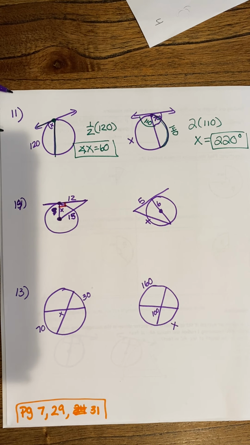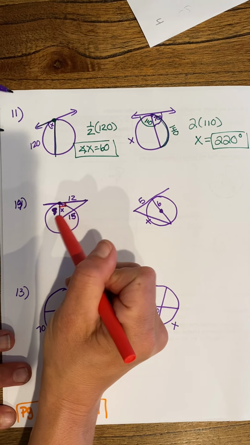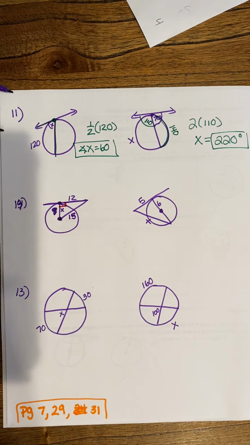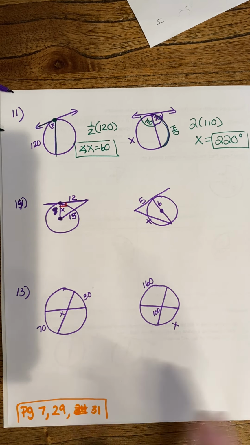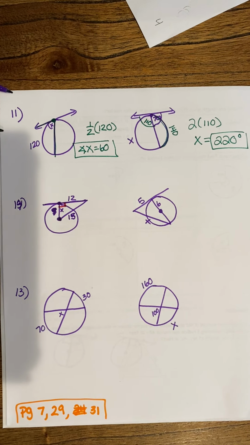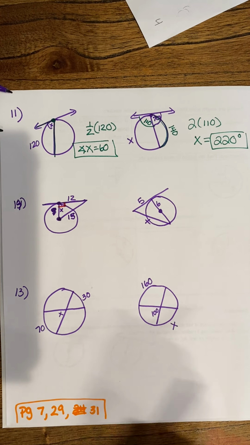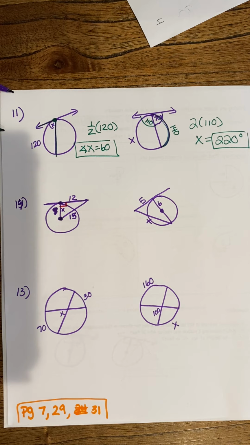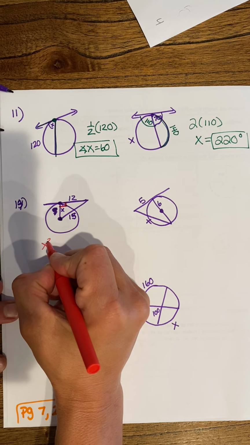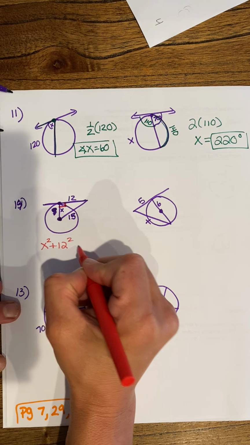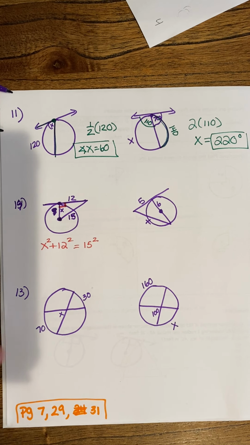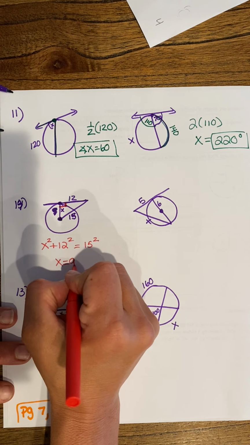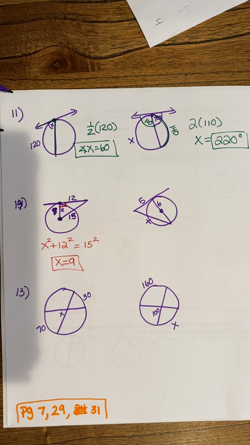Once we have a right angle, all I have to do is make an extra line here and I get a right triangle, which just means the Pythagorean theorem is on the table. If I know this is a right triangle, I can find the missing side by doing the Pythagorean theorem. So I could do x squared plus 12 squared equals 15 squared, and then finish it up. You're just gonna get x equals 9.